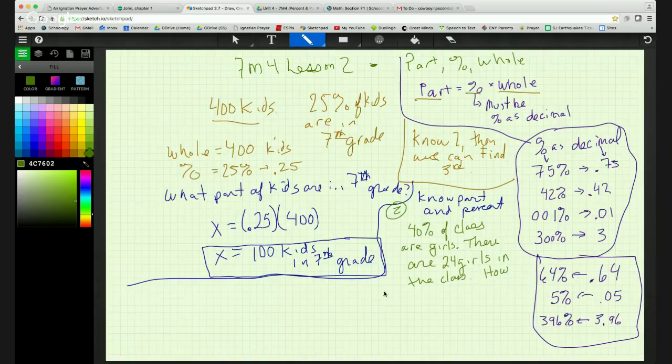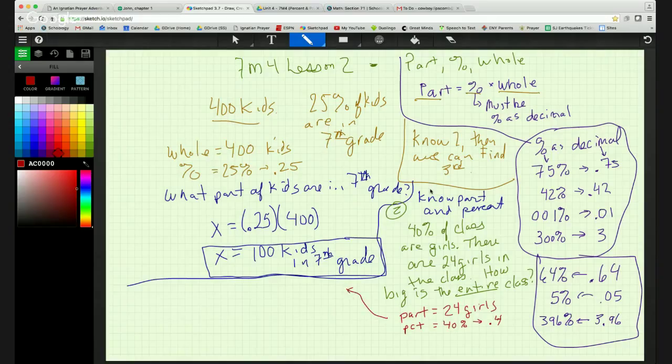How big is the entire class? So we have a lot of keywords here that help us know that our part is our 24 girls, and the entire class would be the girls plus the boys. So in this case, our part equals 24 girls. And we have our percent, which is equal to 40%, and as a decimal, that's 0.4.